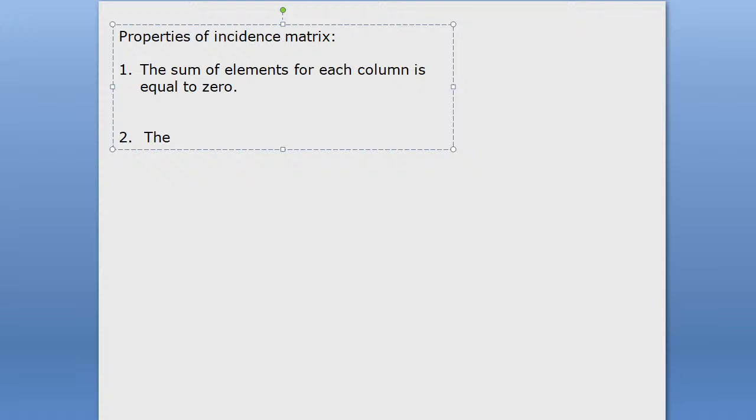And property 2: the determinant of the incident matrix of a closed loop is 0. The determinant, you can verify yourself.